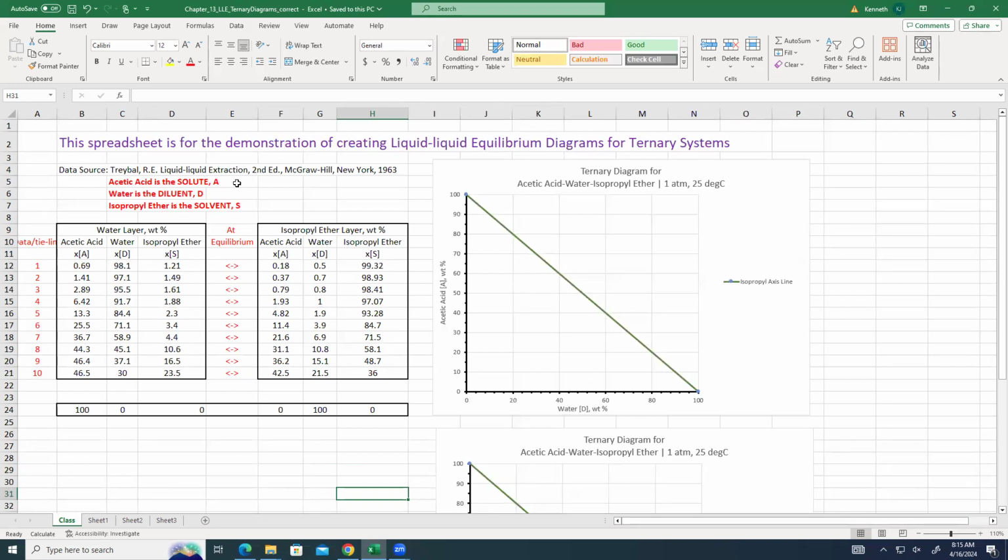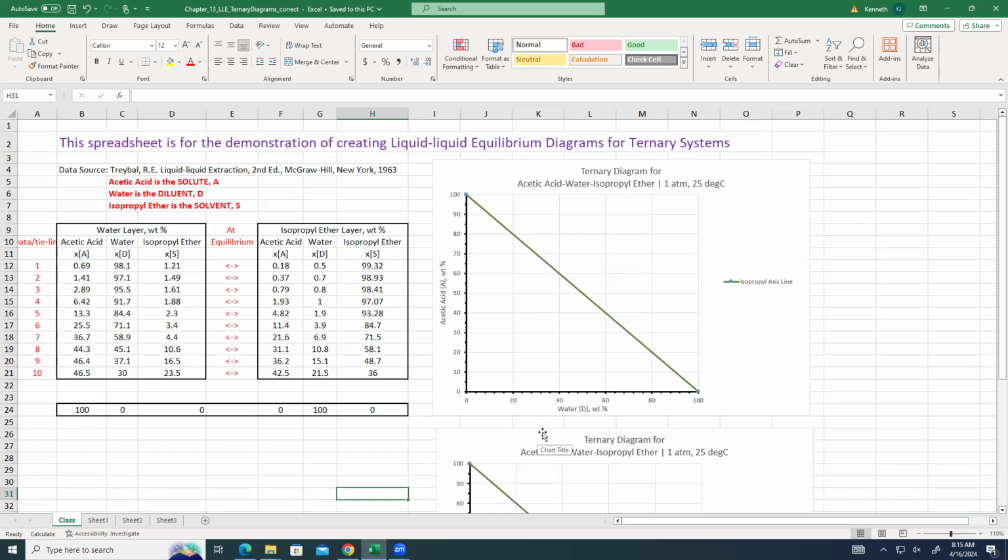We have water, the diluent that we're trying to remove it from, and isopropyl ether, which is the solvent that we're going to use to remove it. They took a bunch of concentrations together, did the shaking and venting, and then measured the compositions of both layers and put them here. So we have the water layer and the isopropyl ether layer.